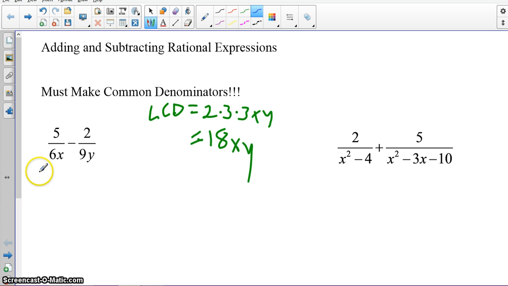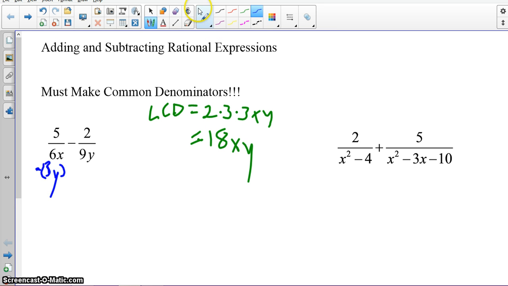Over here, to go from 6 to 18 we need a 3, and to go from x to xy, we better have a y. This might be confusing looking, so let me redo it.